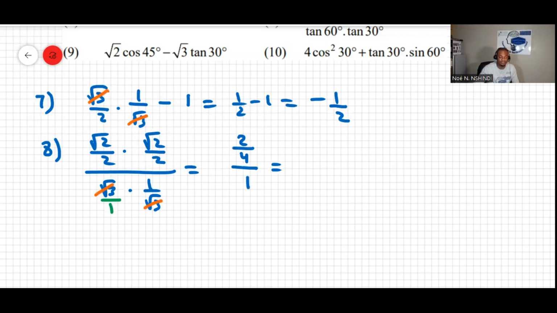And then that makes a half over 1, and there is an invisible 1 there, so that makes just a half. And then question 9.